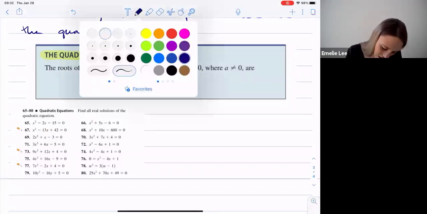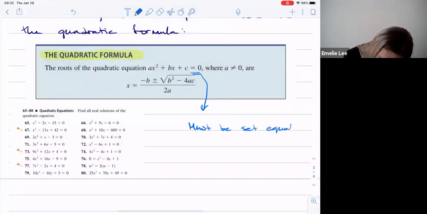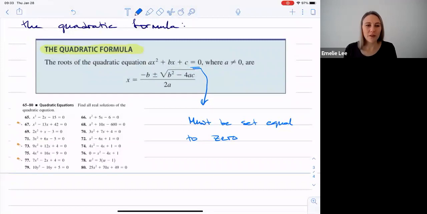It must be set equal to 0. Otherwise, you're finding where it crosses the y value.